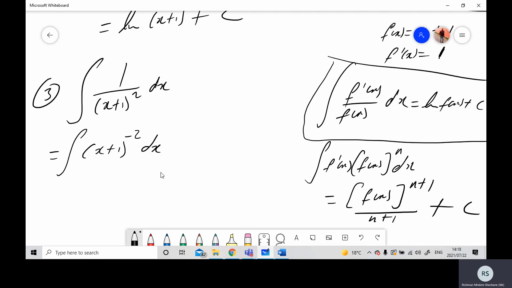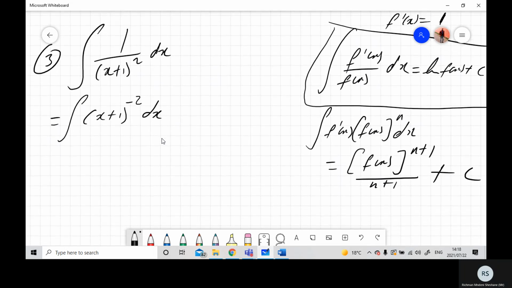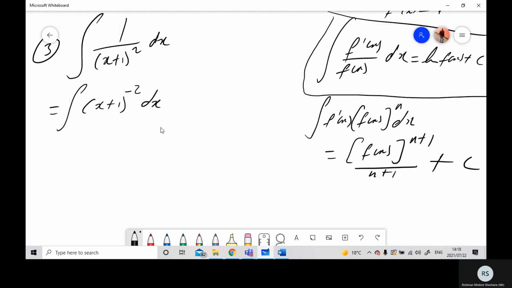So we want to integrate this. We have some function which is to the power of n.